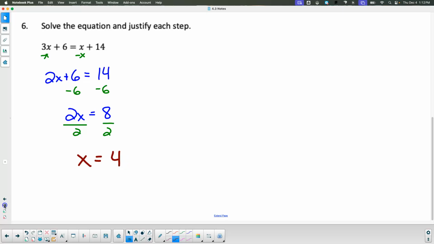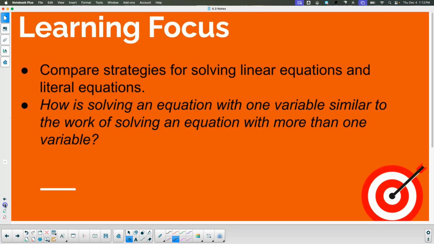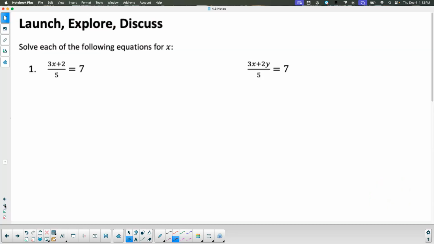Okay. All right. So we're solving linear equations and we're solving literal equations. Okay. So here in number 1, which should be on the next page, there are 2 different kinds of equations. Now the left equation, 3x plus 2 all divided by 5 equals 7, that is a linear equation. Okay? Because there's one variable and there's one thing to solve for.